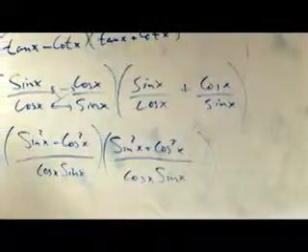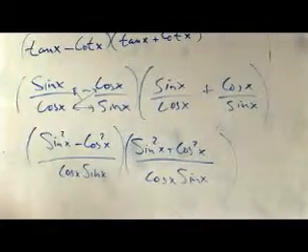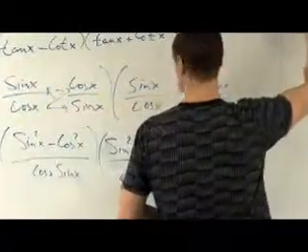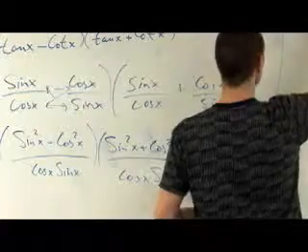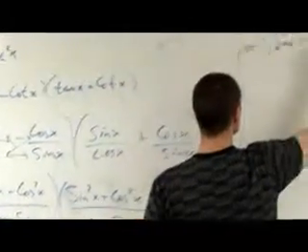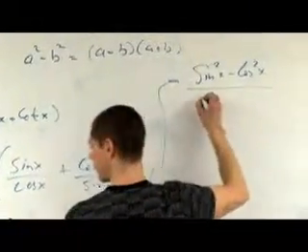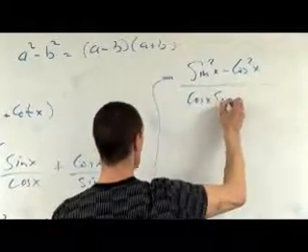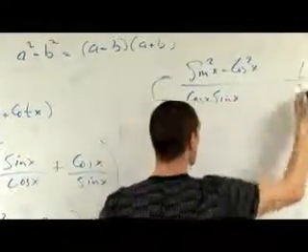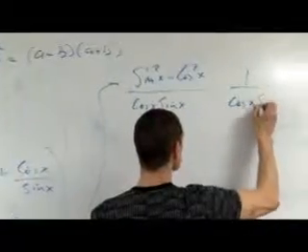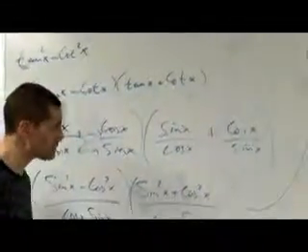Fortunately, I know that sine squared x plus cosine squared x is 1, so this is going to be the same as sine squared x minus cosine squared x over cosine x sine x times 1 over cosine x sine x. That's because sine squared plus cosine squared is 1.